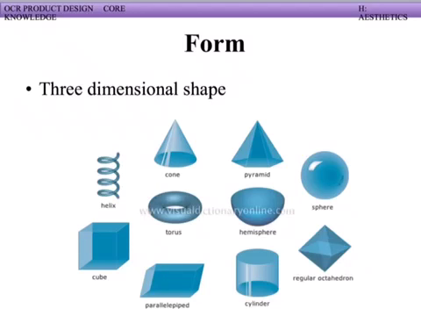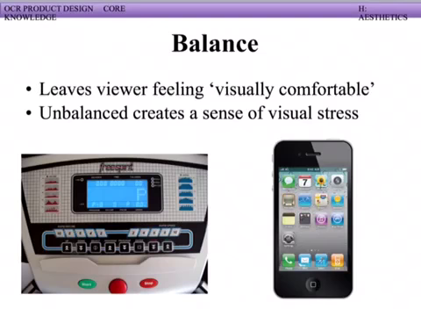Form refers to the 3-dimensional quality of an object. When light from a single direction hits an object, part of the object is in shadow. Light and dark areas within an image provide contrast that can suggest volume. Balance is often important when creating displays.